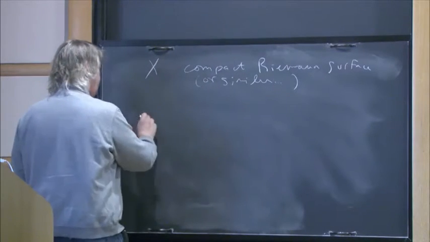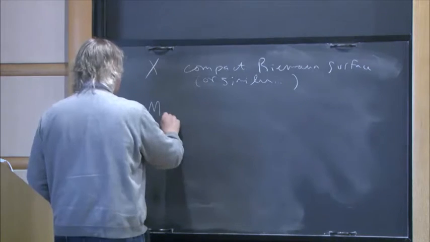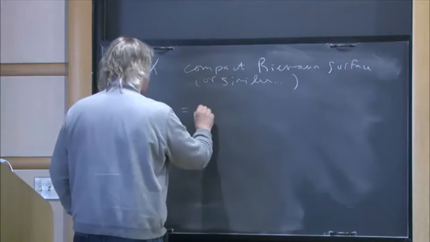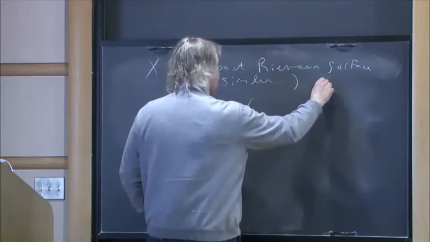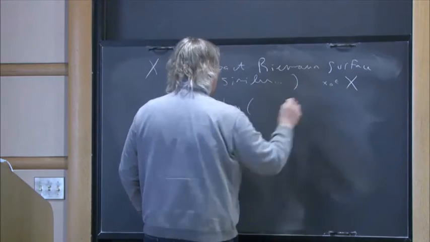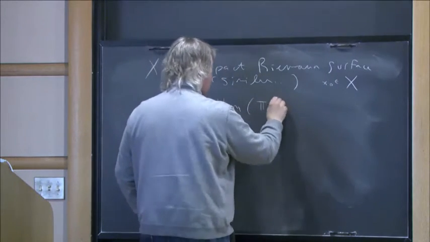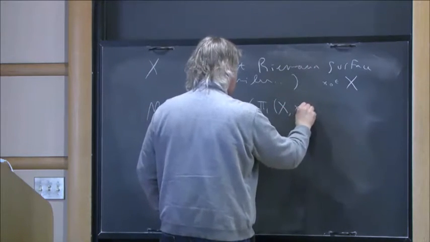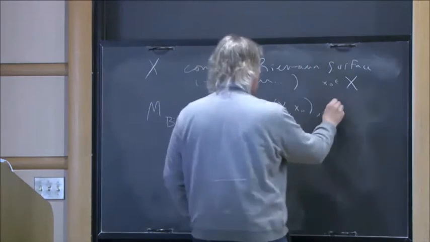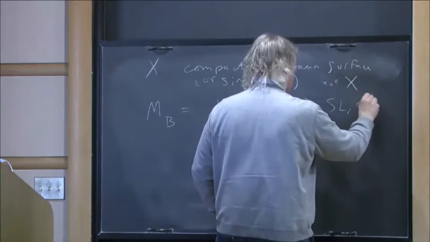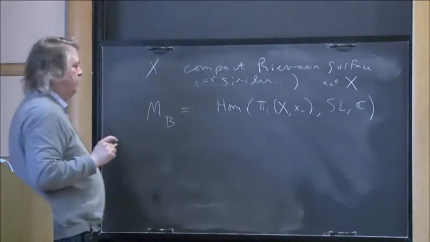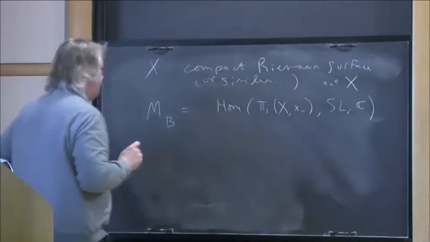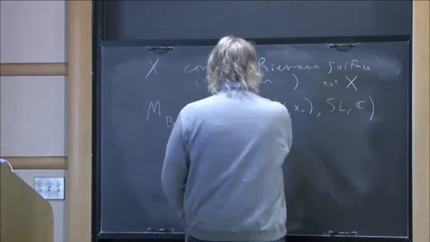So let's look at the character variety, which I'll call M Betti, for Betti moduli space. Maybe let's choose a base point. It's just the maps from pi 1 of our Riemann surface into SL_r(C). Let's fix for now a group of matrices of determinant 1, divided by the conjugation action.